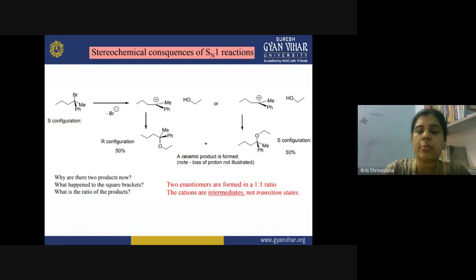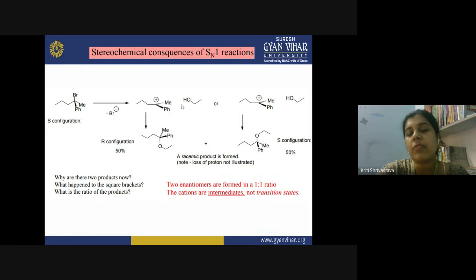It can come from above the molecule or below the molecule, because now it has attained a planar structure in the sp2 hybridized state. Now on this planar structure, the alcohol can attack from the upside or the downside of the molecule.